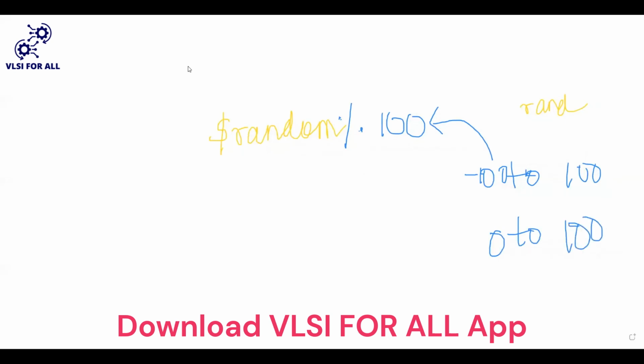What I'm going to do is use a flower bracket. There are two options for us. One is considering the flower bracket, and the second is using unsigned. But usage of flower brackets is simpler when compared. So this will produce the random values between 0 to 100.